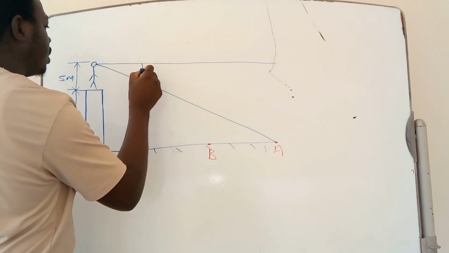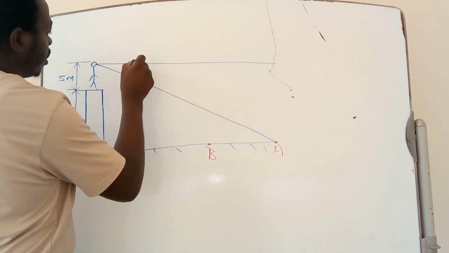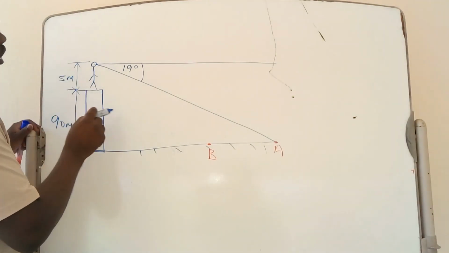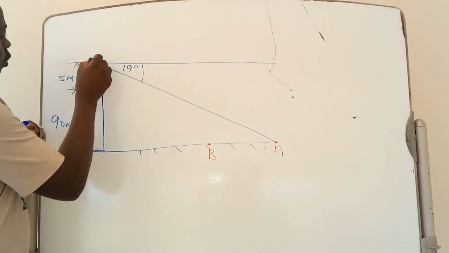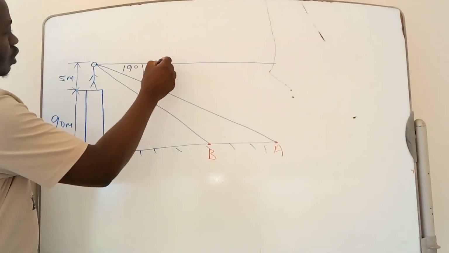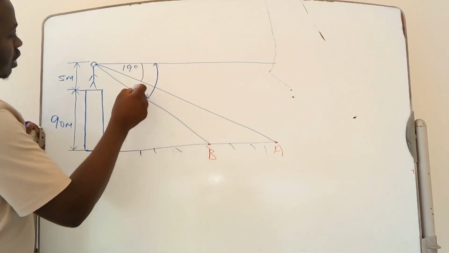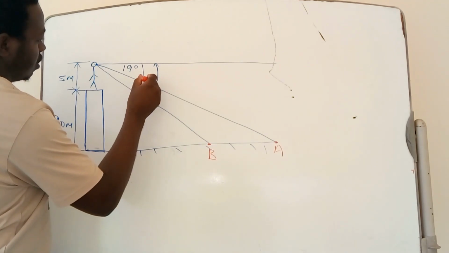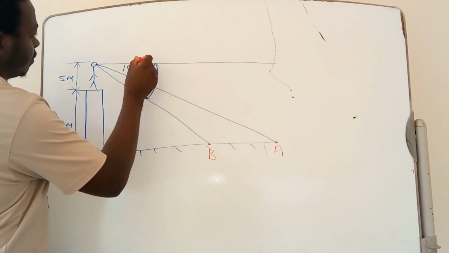So your angle of depression to point A is 19 degrees, right? And your angle of depression to point B is 25 degrees. So now the angle of depression to point B is 25 degrees, right?